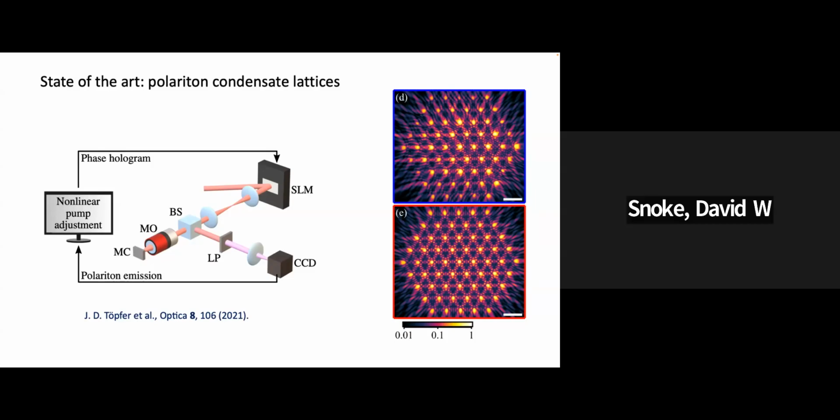And then the condensate is flowing in between the barriers. And so the bright spots that you see are not where the laser is, it's where the laser isn't. They're falling into the low energy minima between the laser spots. So in this case, the laser is generating excitons, and the excitons are creating a potential barrier in a lattice shape, and then the polaritons are flowing down into the minima in between them.